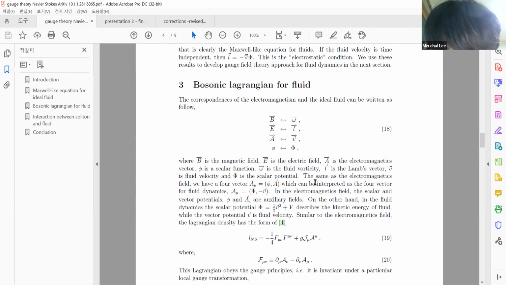Yes, but the point is that we rewrote the fluid dynamics in terms of a gauge theory, and if we know that a gauge theory exists, then we may conclude that the solution of the fluid dynamics also exists. Gauge theory exists?